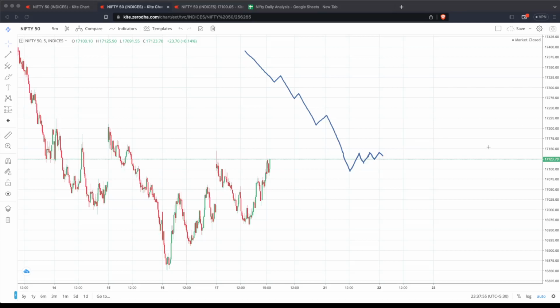Hold on, let me connect these bottoms, and then we connect the tops. So this is how a wedge pattern looks, and it appears in a downward trending market.